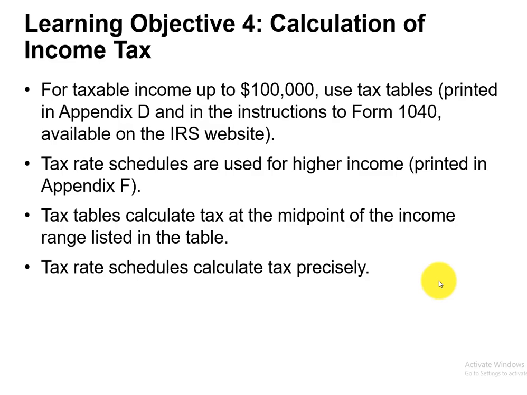They give it for a range. So at the bottom of the range, you're paying just a little bit more than you should, and at the top of the range, you're paying just a little bit less. If you're right in the middle, then you're paying exactly what you would get, the same as if you calculated it using Appendix F. You'll get a chance to practice and see that difference in your homework.